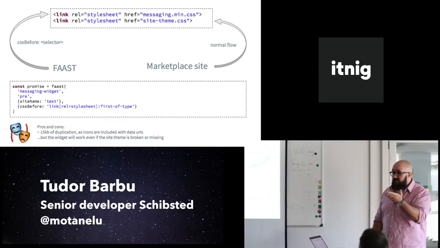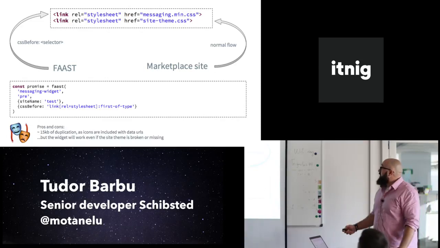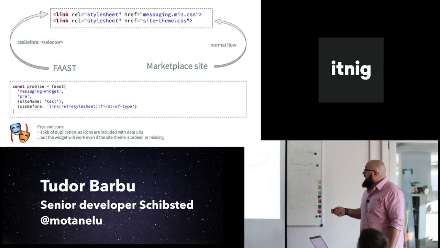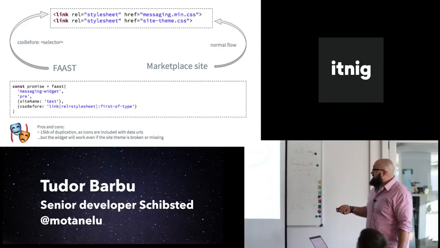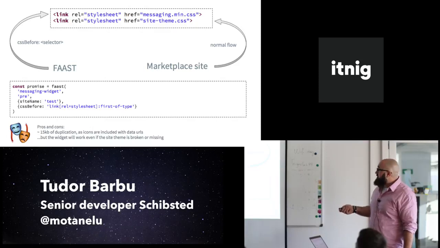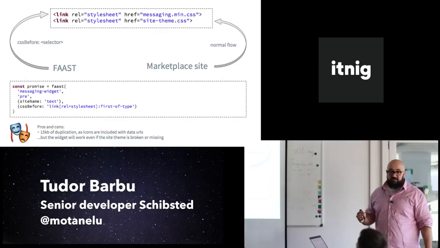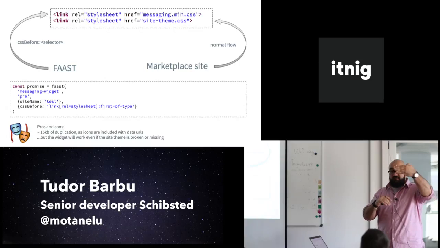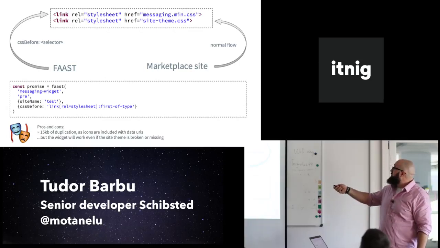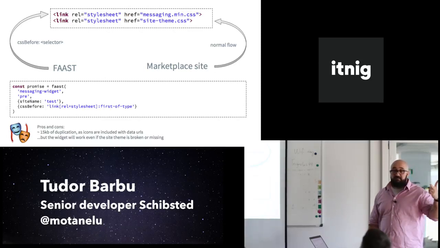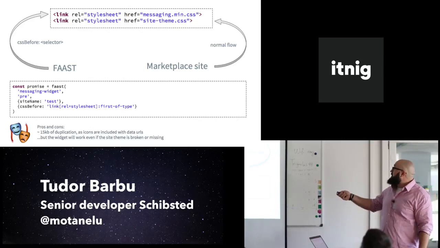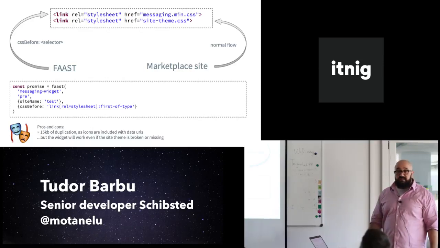The browser parses the code, it loads the CSS. And then when we call FAST, we specify a CSS selector, and this will insert the default theme before that in the DOM. So we have the layout and the default theme in the messaging.min.css, and the default theme is going to be overridden by their theme.